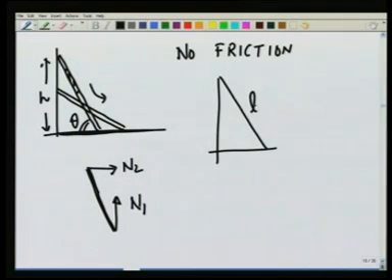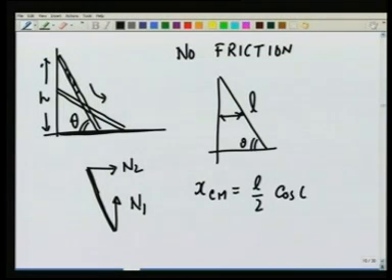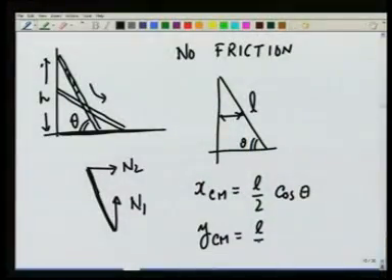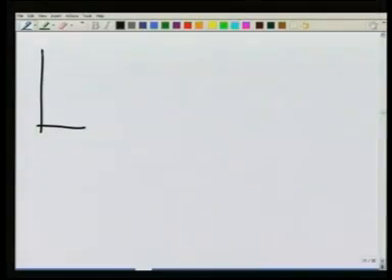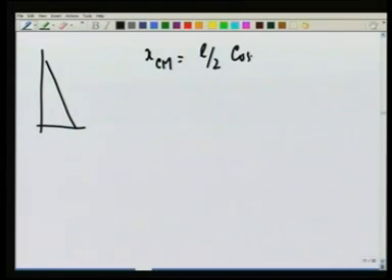Here is the ladder of length L. If this angle is theta, center of mass is right here, you can see that x cm is going to be L over 2 cosine of theta, and y of center of mass is going to be L over 2 sine of theta. So, for this ladder I have x cm is equal to L over 2 cosine of theta, and y cm is equal to L over 2 sine of theta.